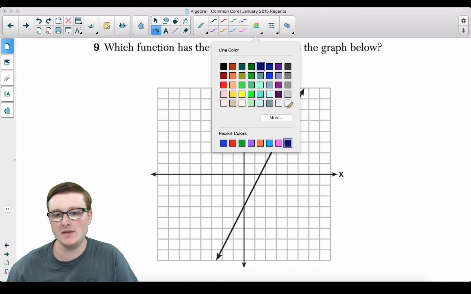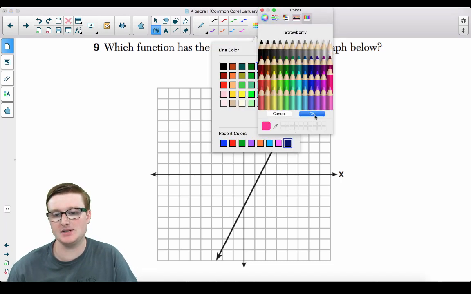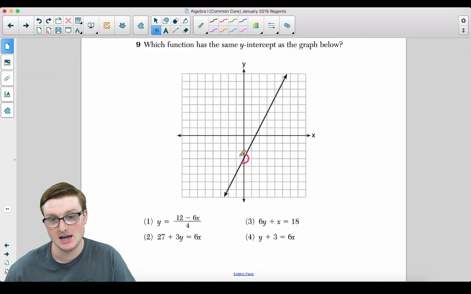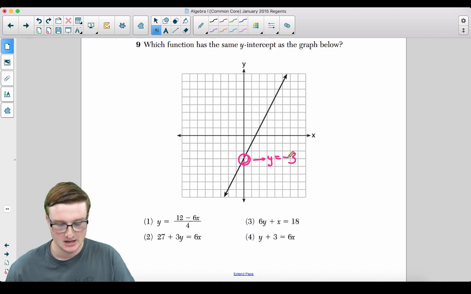When they talk about y-intercept, they're talking about where the function crosses the y-axis. This is y equals -3 for the y-intercept. That is your b value, -3. So if we're looking at all of these, we need to look for a y-intercept of -3.